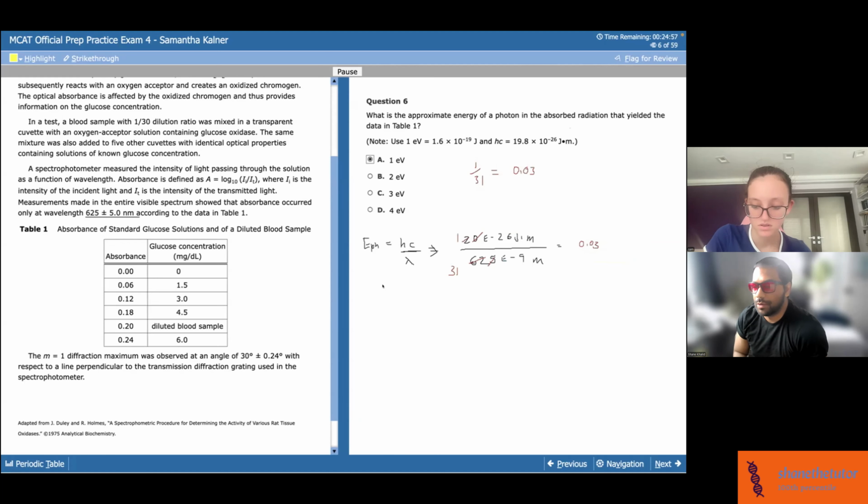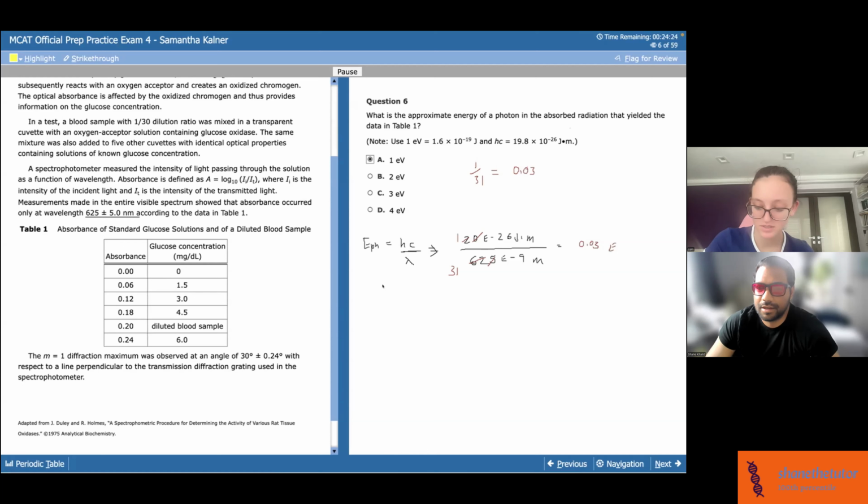So what do we do with these exponents? Now you subtract them. We did 26 minus 19. Oh, not 19, wait, 9. Sorry, I'm looking at the EV one.